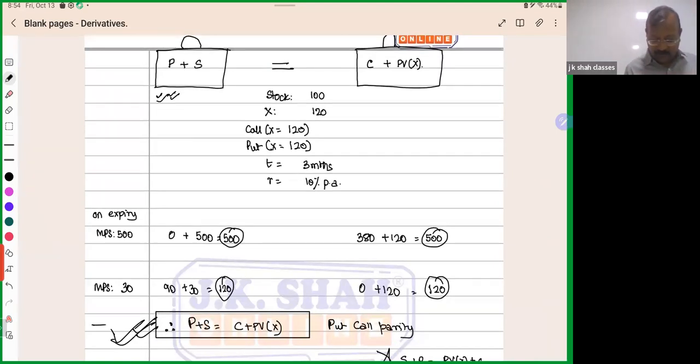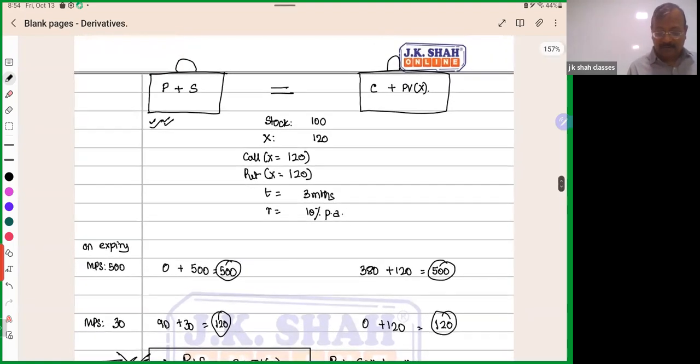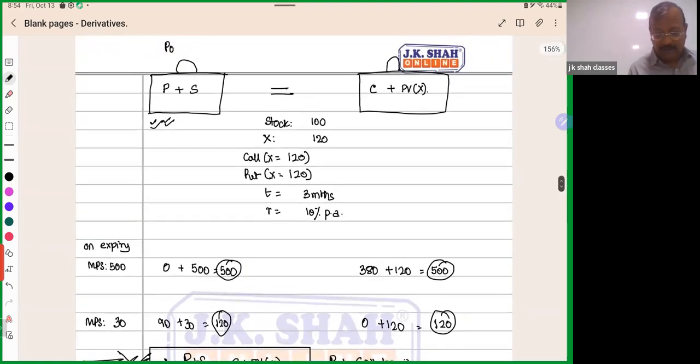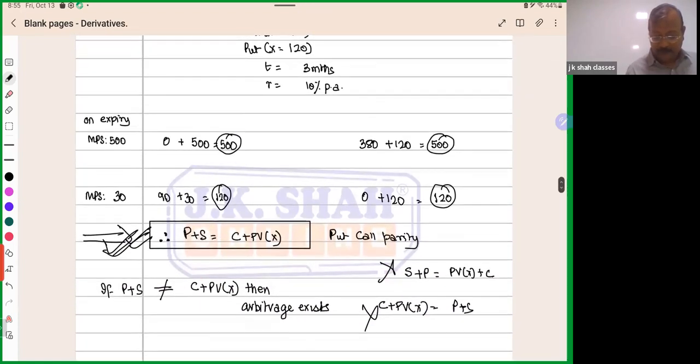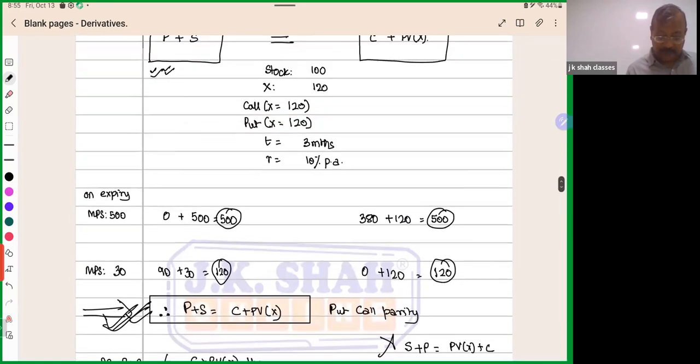What is important is you remembering this. They are never going to ask you how you derived this or why. This is portfolio A and portfolio B. Sorry.